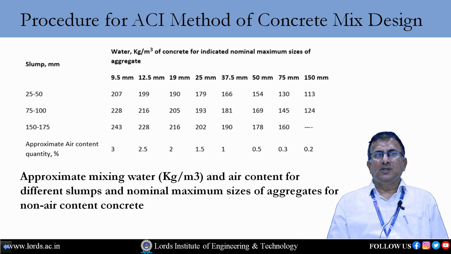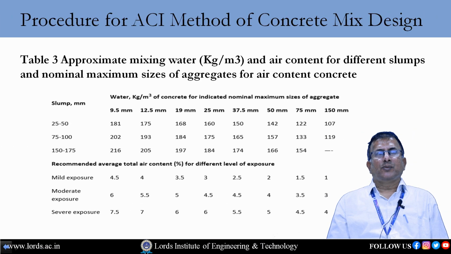If the slump value is between 150 and 175 and the size of the aggregate is 37.5 millimeters, the amount of water required to make the concrete is 190 kg per meter cube. Now here, this is the process.